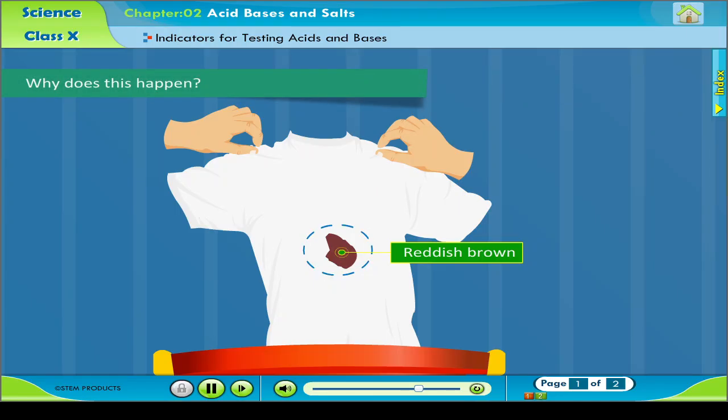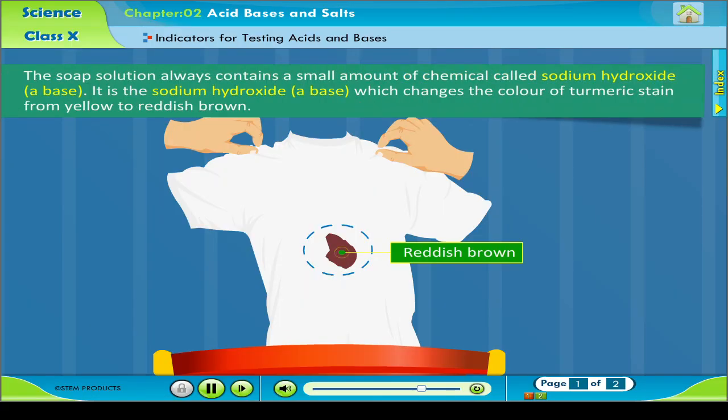Why does this happen? The soap solution always contains a small amount of a chemical called sodium hydroxide, a base. It is the sodium hydroxide, a base, which changes the color of turmeric stain from yellow to reddish brown.